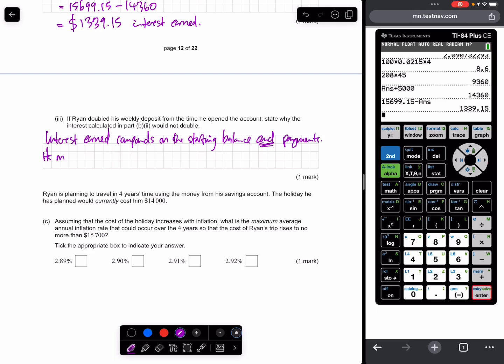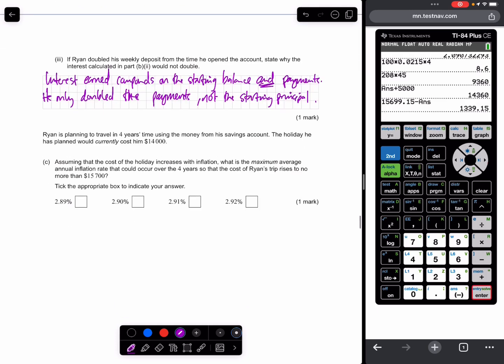He only doubled the payments, not the starting principal. That's why it wouldn't double.